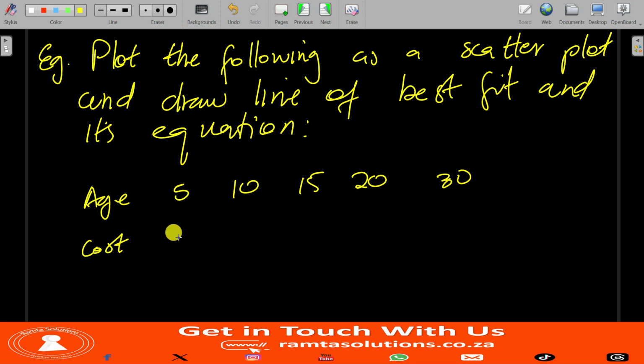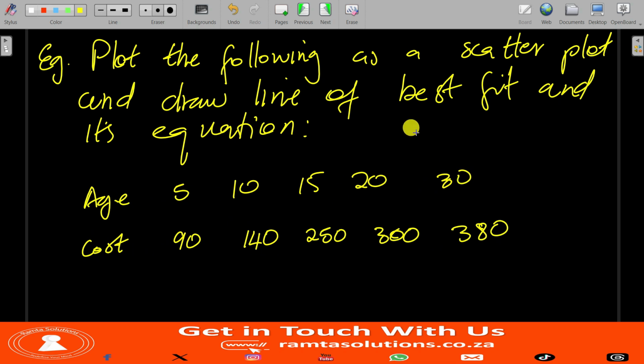And we're going to say the cost is 90, 140, 200, 250, 250, 300, and then 380. So you need to decide which one will be on the x-axis and which one will be on the y-axis. So let's say this is the age of equipment, and this is the cost of fixing it months after purchasing.